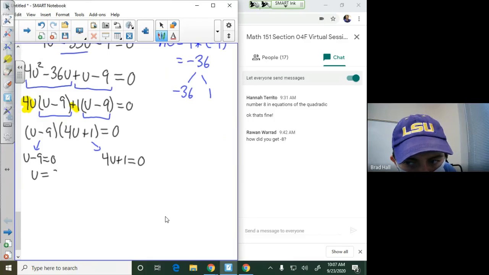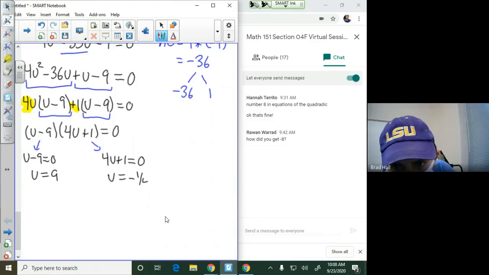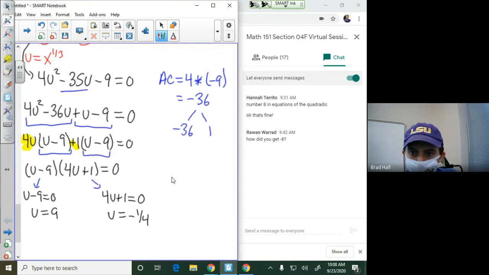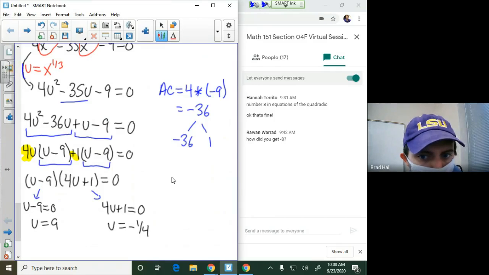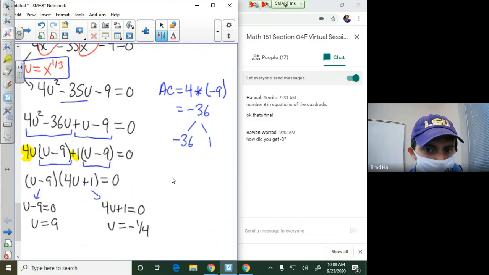Here u is 9. Here u will be negative 1 over 4. The problem with this is we're not done, as we have u values and we want to conclude with x values. How we do that is we need to take our substitution and bring it back.